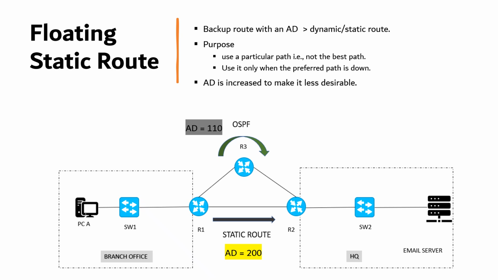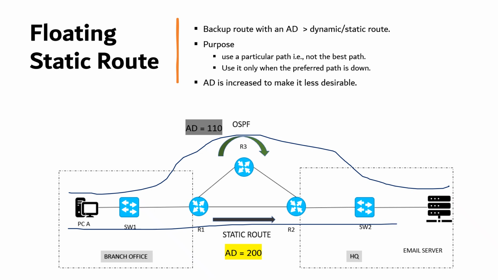For example, here I have two paths from PC A to the server, one through OSPF and another through a static route. By default, it will choose the path which is lower. Since we have increased the static route AD to 200, it will not choose this path, so it should choose OSPF.